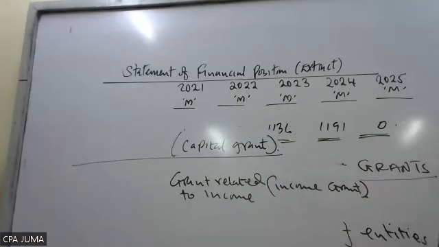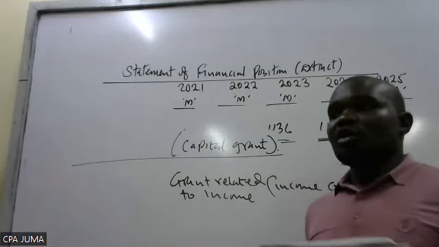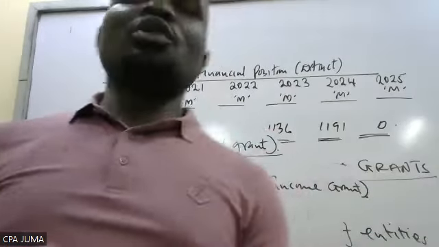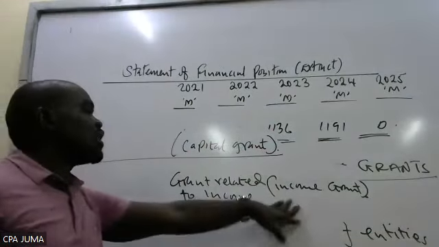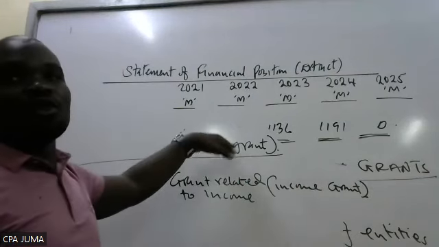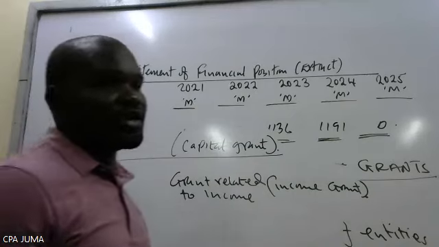Full stop. So I can explain the two. So we have what is called capital grant and income grant. Now read fast. Can you go through your notes first? Then we can discuss.